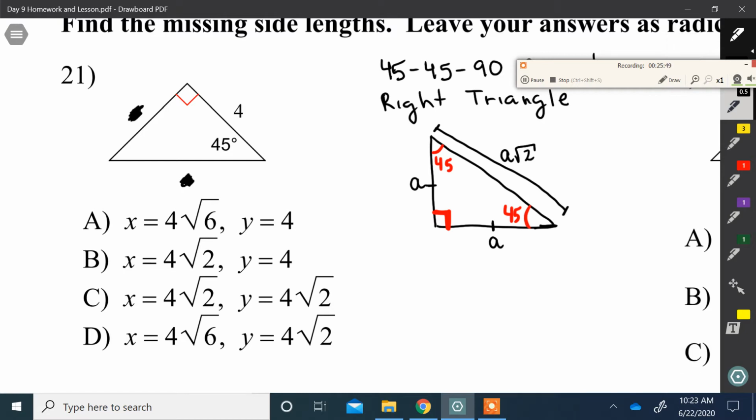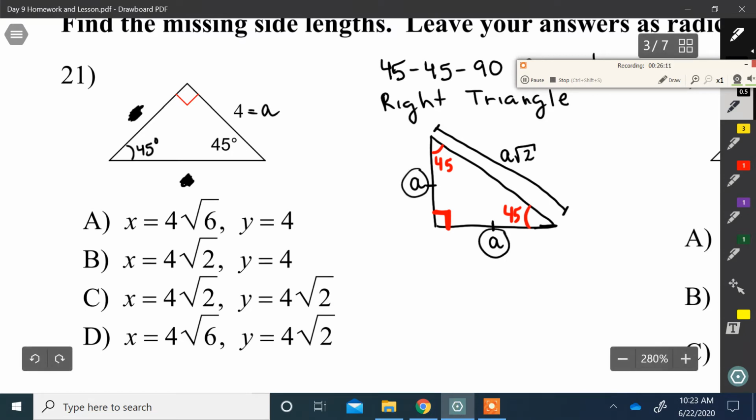Then you're going to label your triangle here. As you can see, this right here is also a 45. I'm going to label it as A. In this angle, if this is A, this will also be A. So that means that this right here is also A. So A is equal to 4.